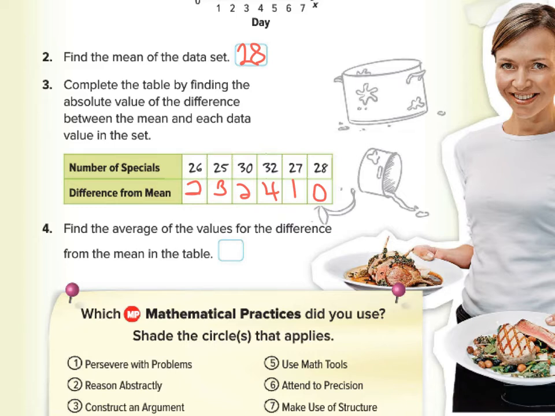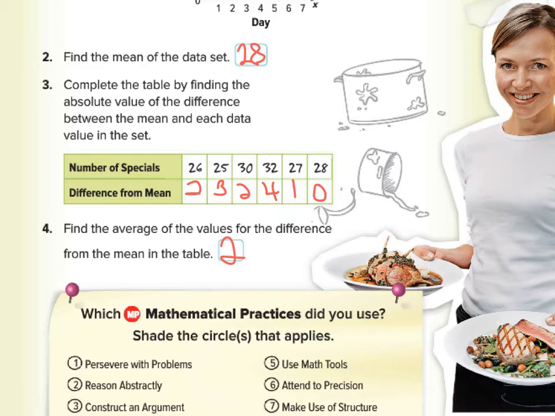Find the average of the values for the difference from the mean in the table. So again, we're going to add all of these up. 2 plus 3 is 5, plus 2 is 7, plus 4 is 11, plus 1 is 12, and we're going to divide that by 6 values because there's 6 of them. And 12 divided by 6 is 2.